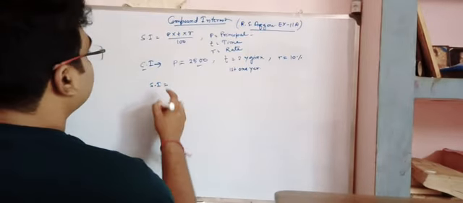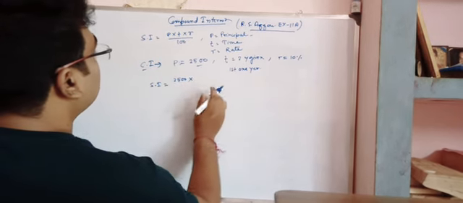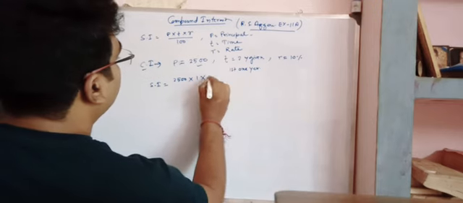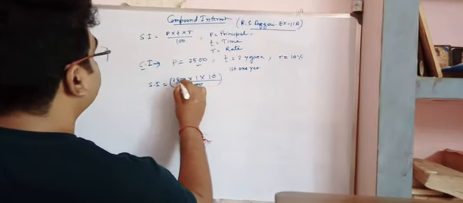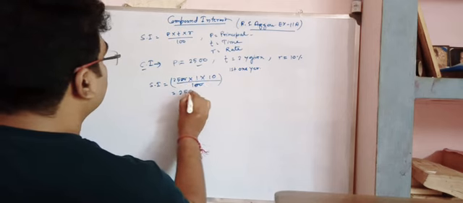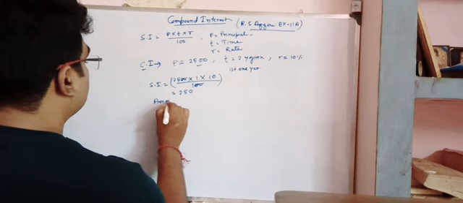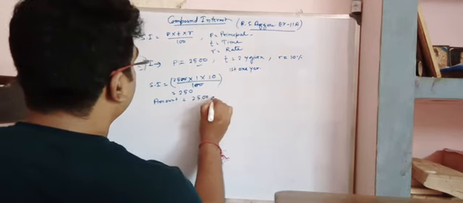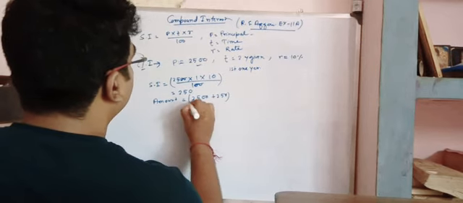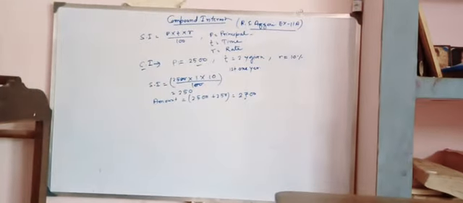So my first simple interest would be 2500 into 1 into 10 by 100. So my amount, what is my amount? 2500 plus 250, 2750. So that is my required amount.